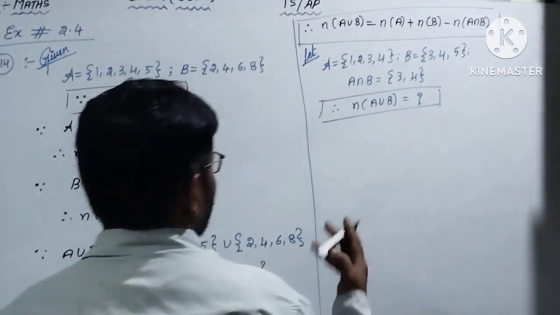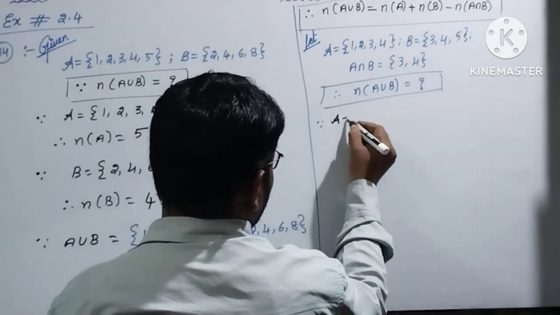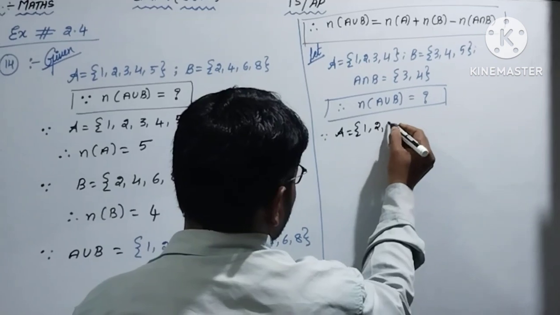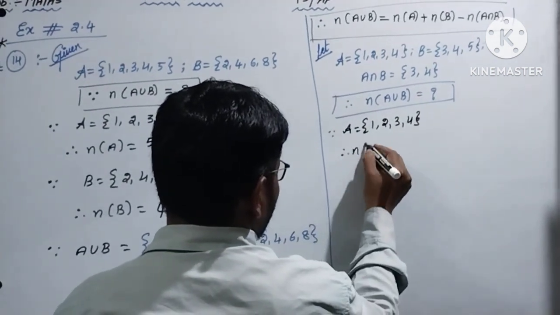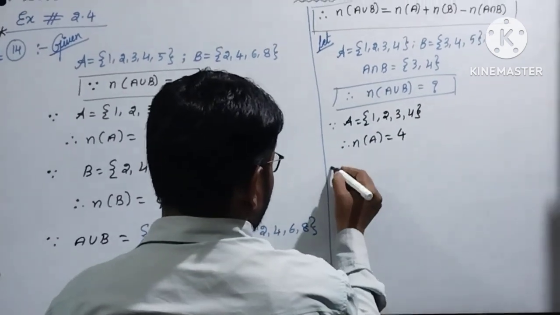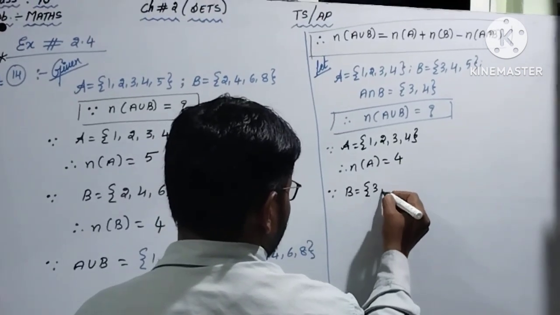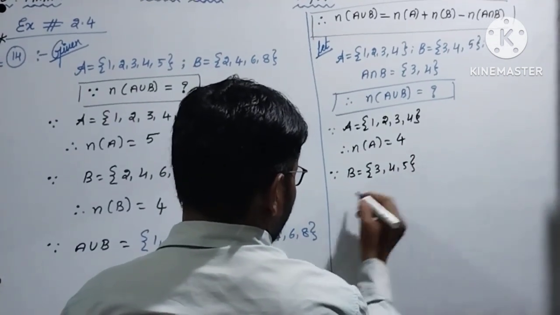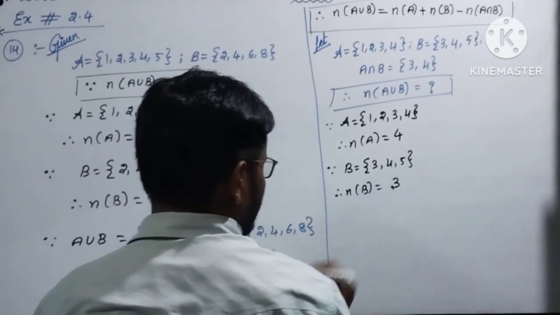Here A is equal to 1, 2, 3, 4, so n of A is how many elements? 4. The next one is B. How many elements here? 3, 4, 5 are the elements, so n of B is 3.